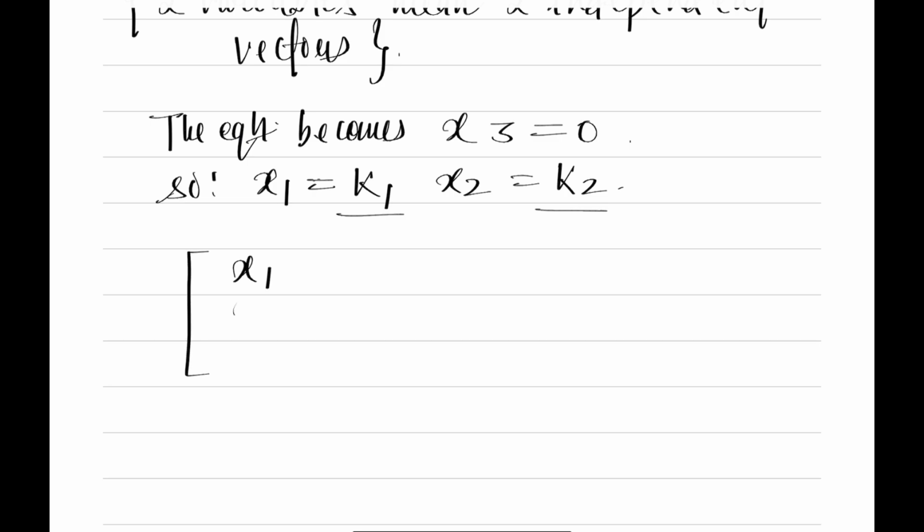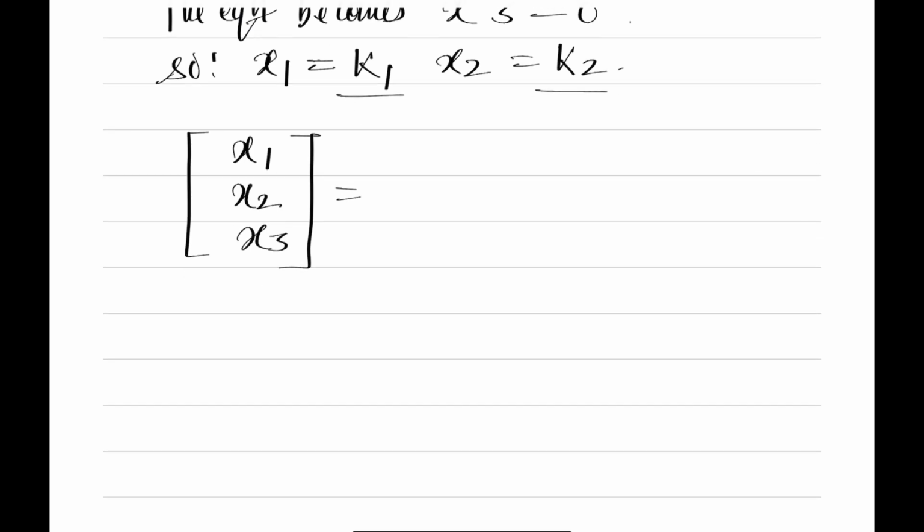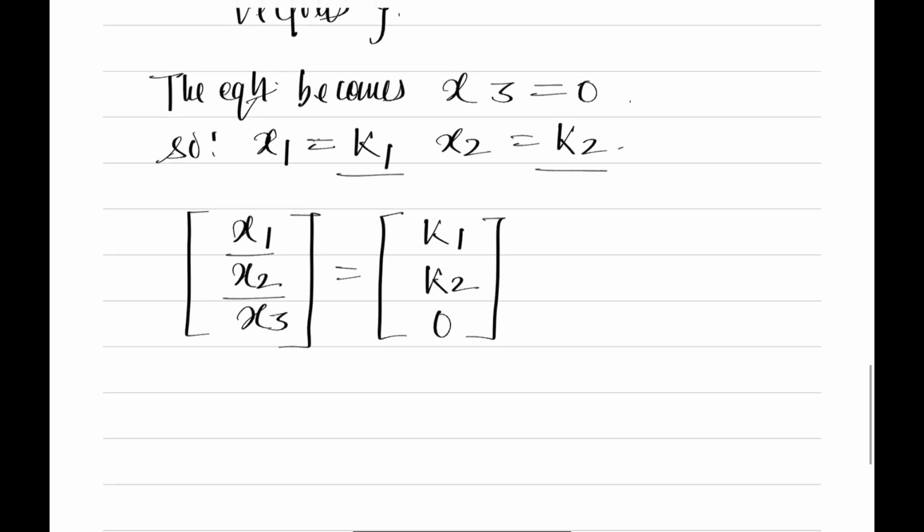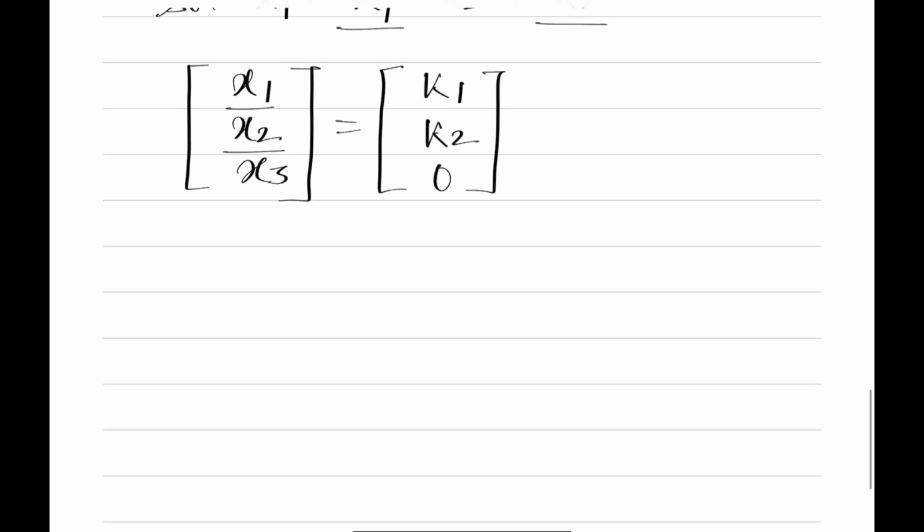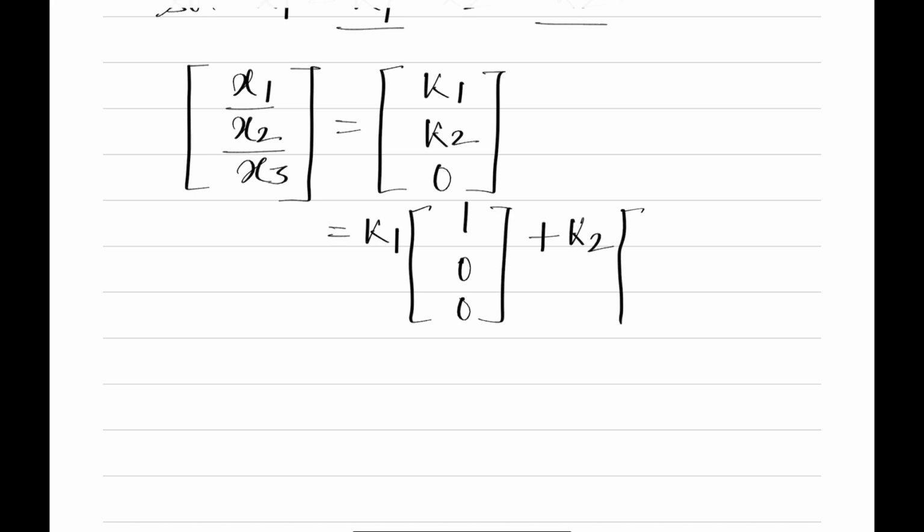Our variables x1, x2, x3 are equal to: x1 is equal to k1, x2 is equal to k2, and x3 is 0. Now we will separate the variables, which will be equal to k1 times (1 0 0) plus k2 times (0 1 0).